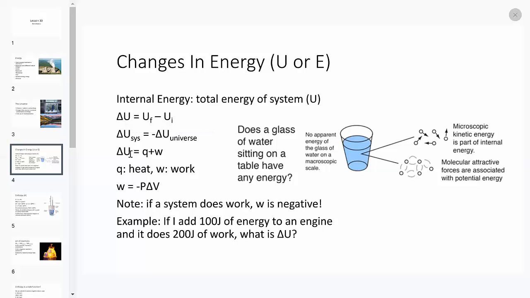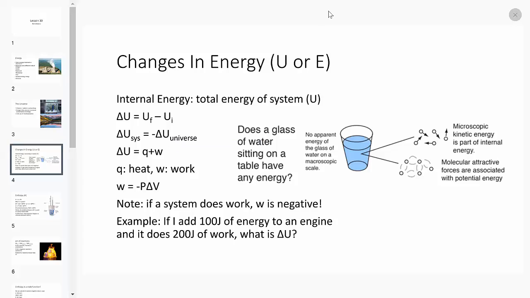And remember that this should say surroundings. The change in internal energy of the universe must remain constant. Therefore, if the system has some change in internal energy, that will be equal to the negative change in internal energy of the surroundings.